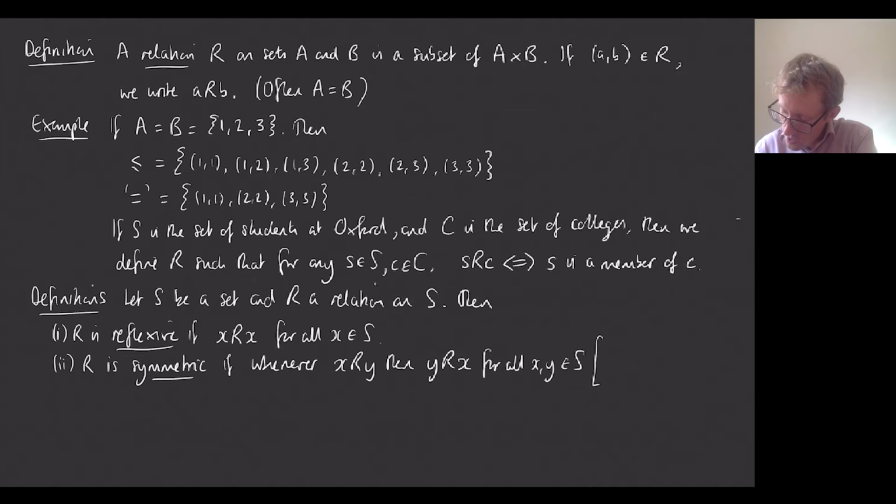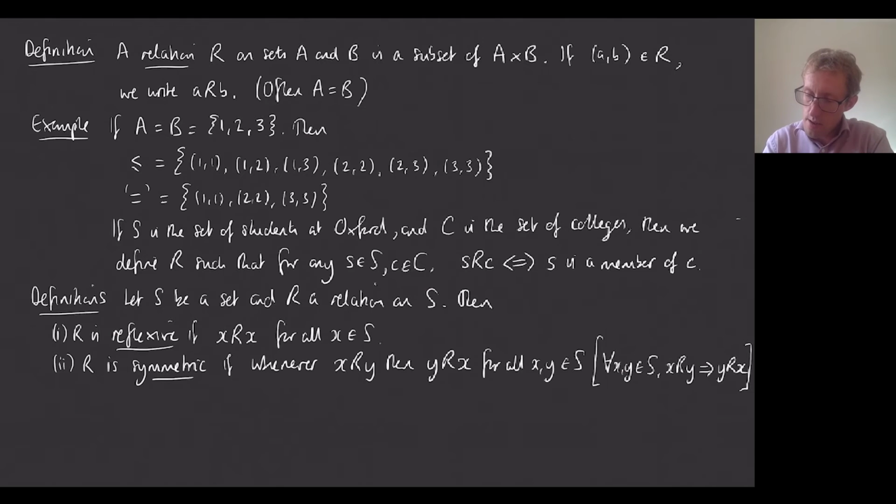So we could have written this as: for all x and y in S, x is related to y would imply that y is related to x. That would be a symbolic way of saying the same thing as whenever x is related to y, then y is related to x for all x and y in S. Right. So you're going to see quite a lot of this sort of more condensed way of expressing things.